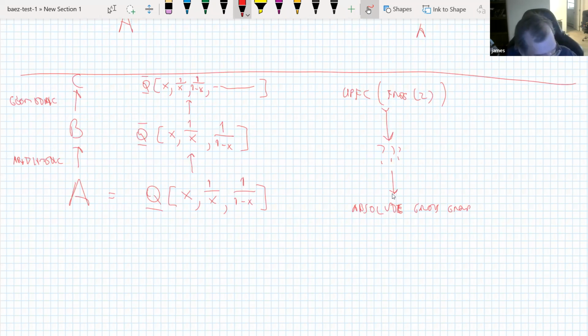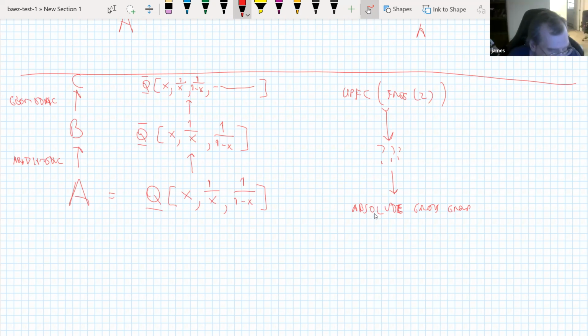You can see pretty explicitly that the absolute Galois group is just the automorphism group of this extension of B as an extension of A. Somehow all the X stuff doesn't matter for that purpose. That's right. The X stuff is just along for the ride.